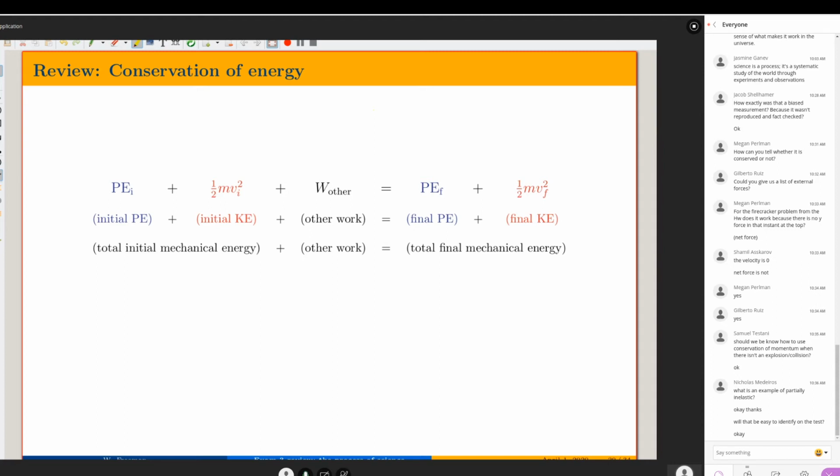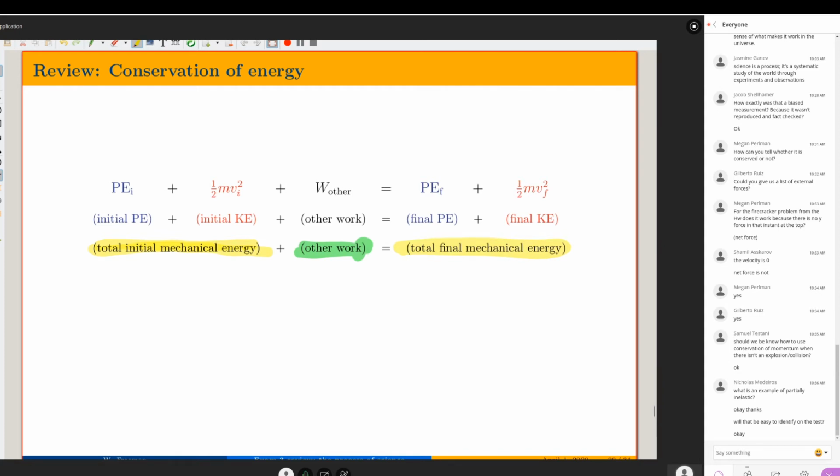And this is what we call the conservation of energy. I have some amount of mechanical energy in the beginning. I add to it or subtract from it by doing other work on the system, and that tells me the amount of mechanical energy I have at the end. So this is conservation of energy.